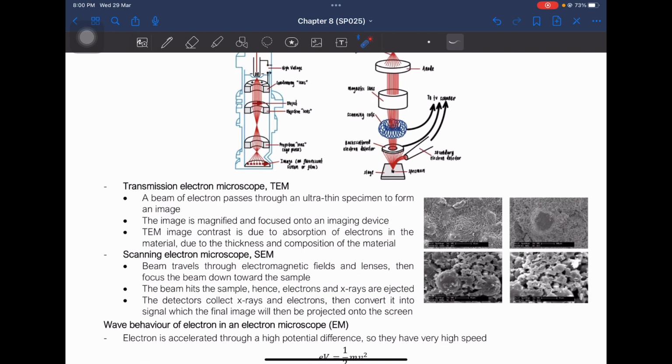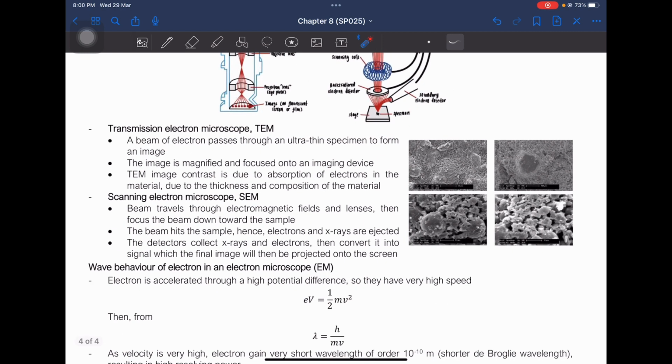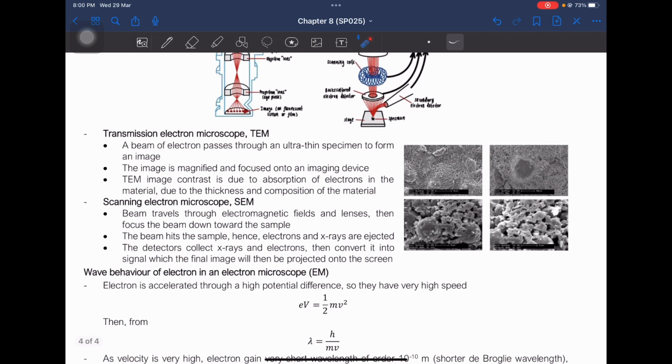So the transmission electron microscope, TEM, is where a beam of electron passes through an ultra thin specimen to form an image, okay? So the image is then magnified and focused onto an imaging device. Then the TEM image contrasts due to the absorption of electrons in the material, due to the thickness and composition of the material. That is TEM.